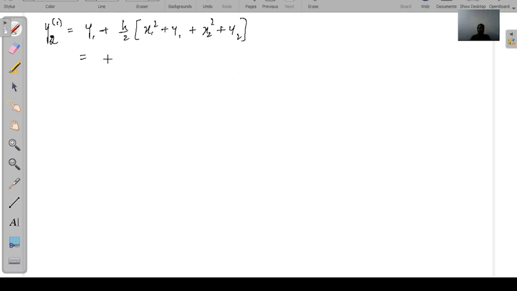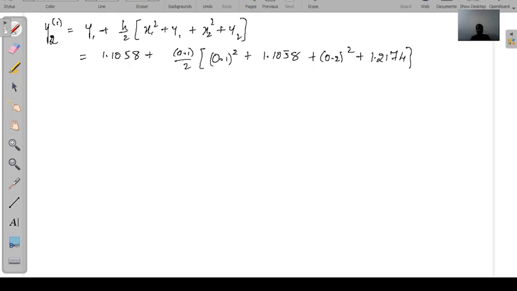The value of y1 is 1.1058. The h value is 0.1 by 2. The x1 value is 0.1. The y1 value is 1.1058. The x2 value is 0.2. The y2 value is the previous value that we have found out, 1.2174.